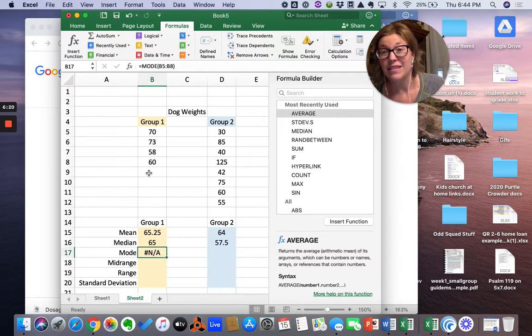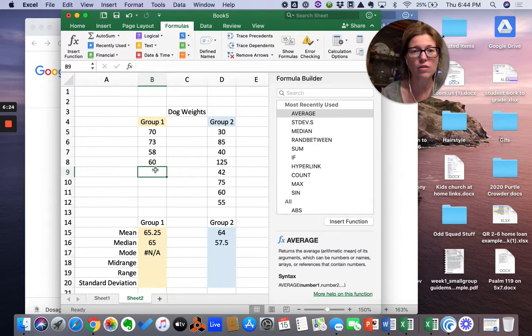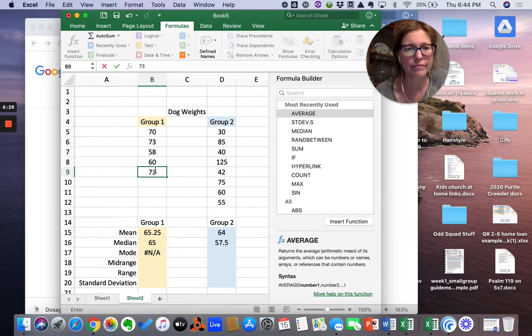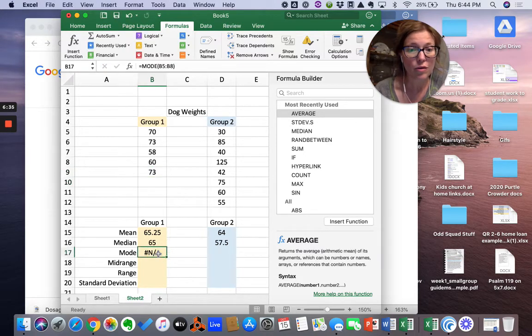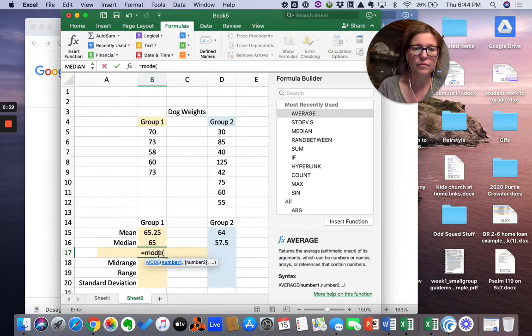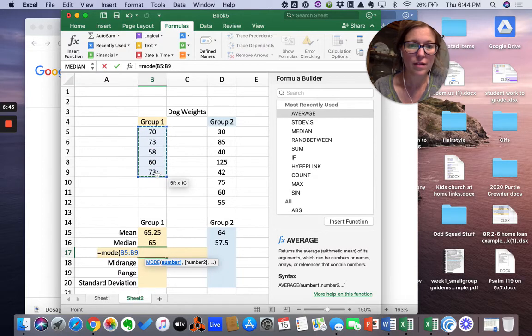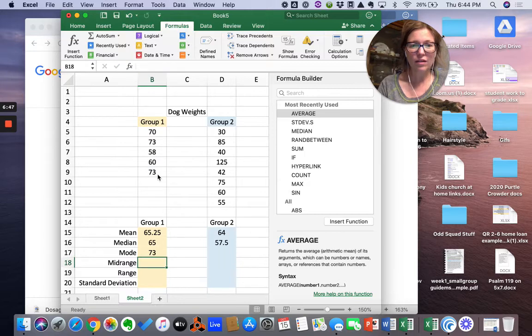Let's just practice and see if there was a repeat, what would happen. So let's pick one and make it repeat, like 73. This isn't really one of those dogs in the picture. We're just practicing. So now if I do equals mode, and I choose my weights plus that extra one, look at that.